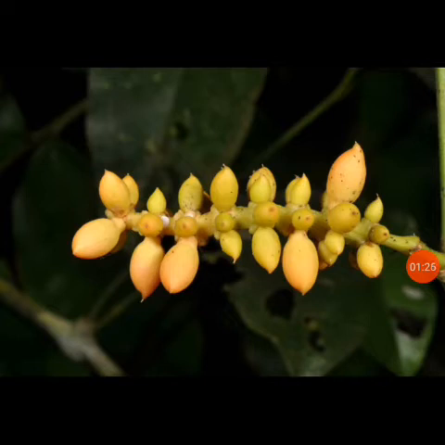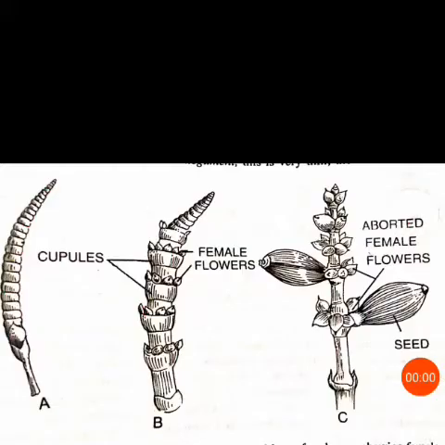Some of them enlarge and develop into seeds. In figure C, the female cone bears 2 seeds and a few aborted female flowers, because the others remain small and finally degenerate. These are termed aborted female flowers and they cannot develop into seeds.